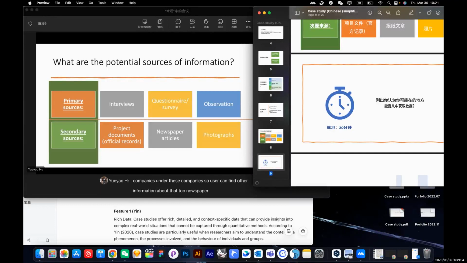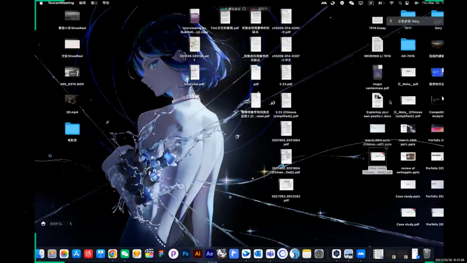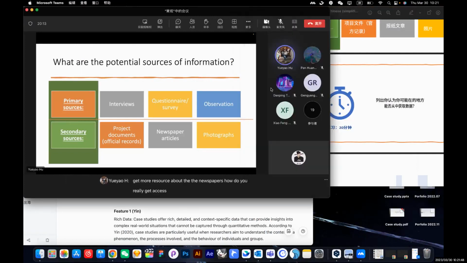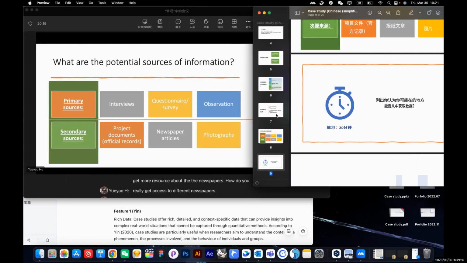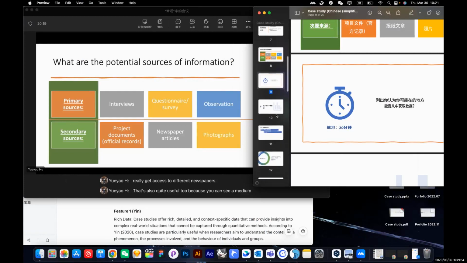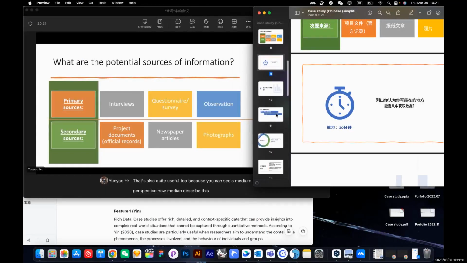Newspaper articles: I remember in the library class, the lady showed you how to get access to different newspapers. That's also quite useful, because you can see the media perspective, how the media describes this resource, and that can be a delightful point of your paper.